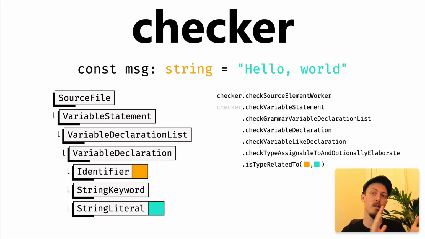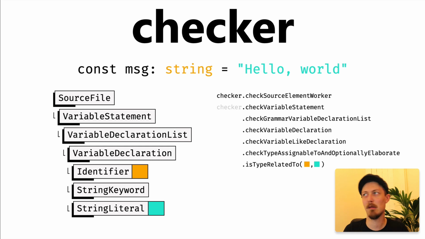So to think about how the type checker checks, it's a file where for almost every syntax tree node, there is a corresponding check function. So in this case, if we were checking the code, does this string match this other string, TypeScript will be iterating through the syntax tree, checking each individual part of it.